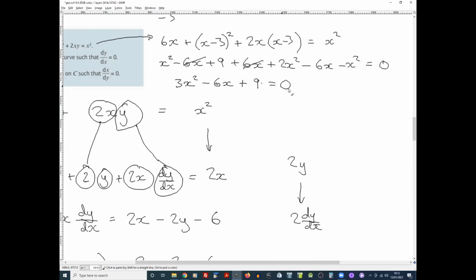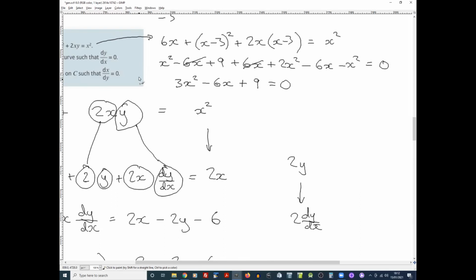So what's your quadratic? 2x squared, oh, only 2x squared. Where did I go wrong? Where's your minus x squared? Oh, here.